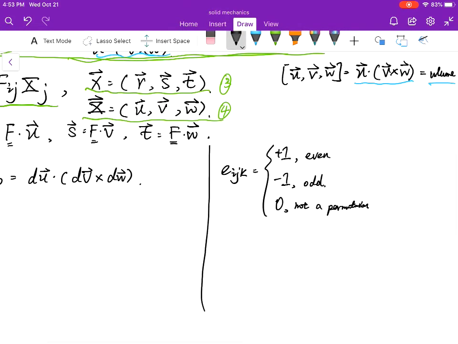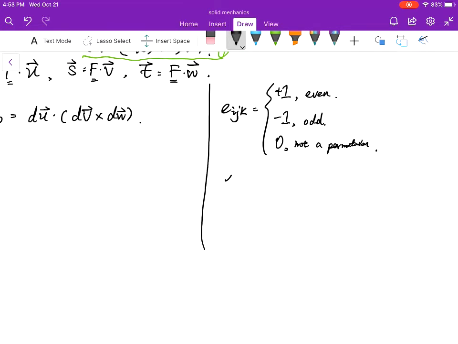So what does the permutation mean? For example, e123, e231, and e312 are all even permutations. What is an odd permutation?